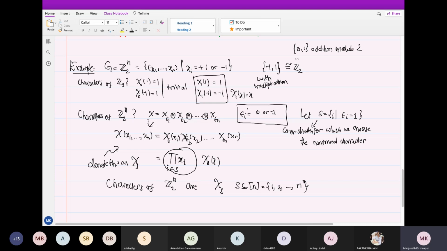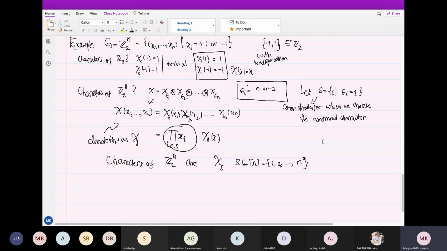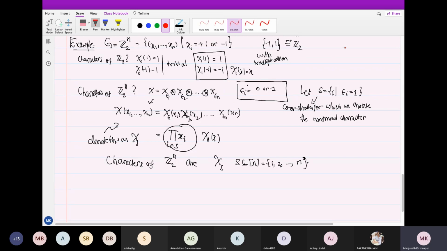I did not give a full map of what I mean. Although I will do a little bit of these generalities, almost all the applications of Fourier analysis that we are going to do will be with these four classes of groups: Zn, Z2 to the n, the discrete groups, the torus, the multiplicative group, and R, and maybe R^d, T^d possibly.